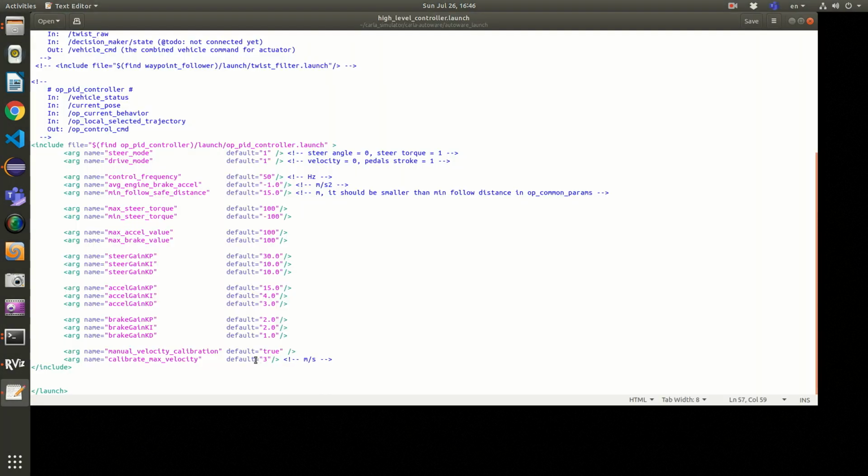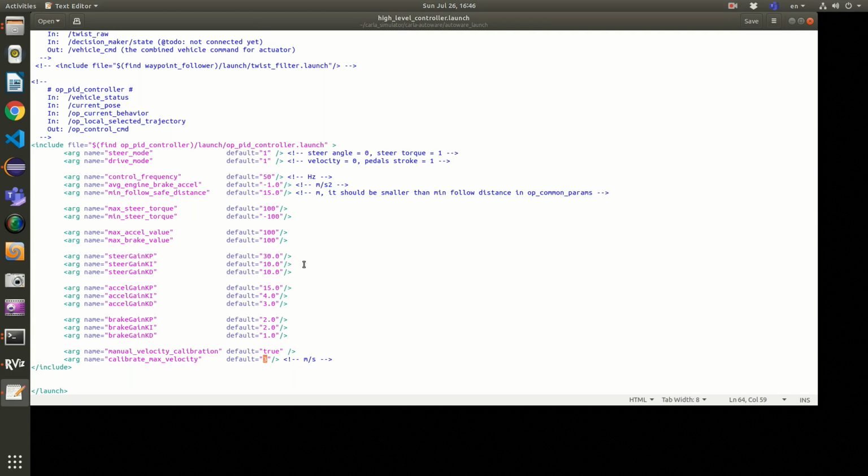We can do higher velocity and check the results, and we can do the same for the braking. We can check the brakes also and tune the parameters, and the same for the steering. Of course, steering will need a different kind of map.